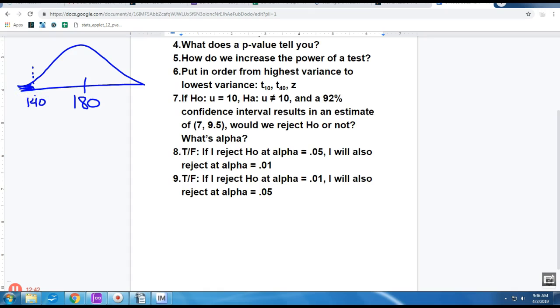Is it possible that my actual IQ is 180 and I just had a really bad day? The probability of what I just said happening is a p-value. So if my IQ really is 180, the p-value represents the probability that I would be this far away from the mean or further.